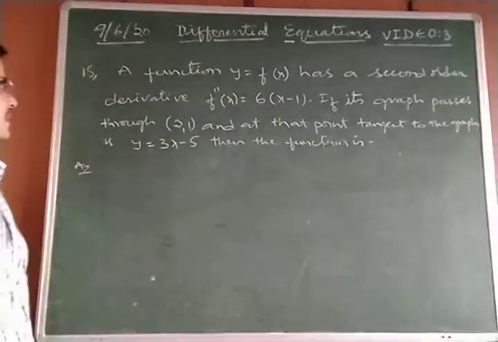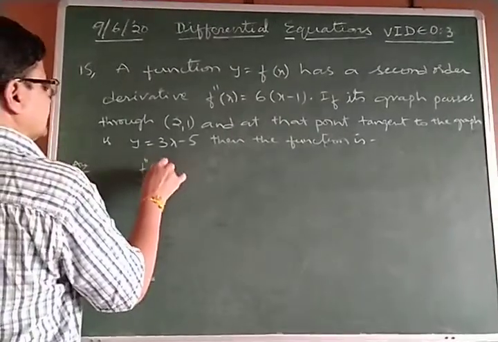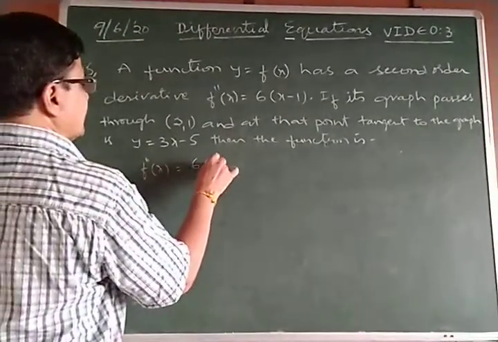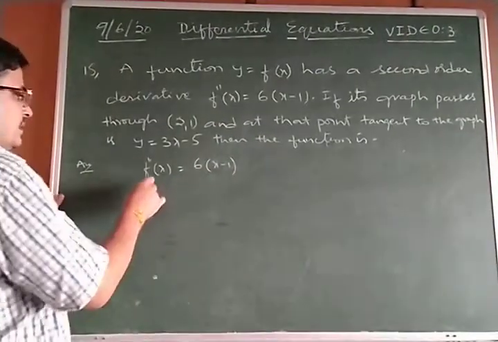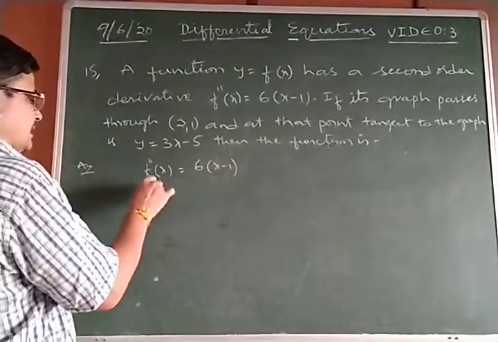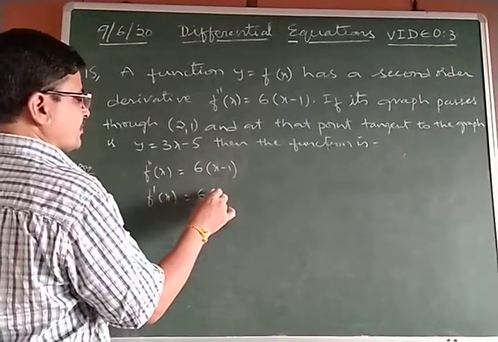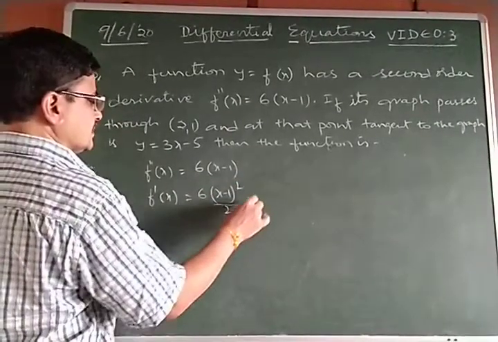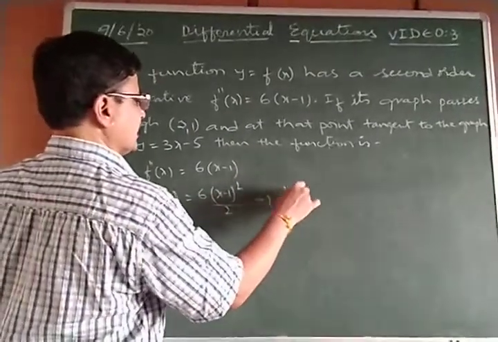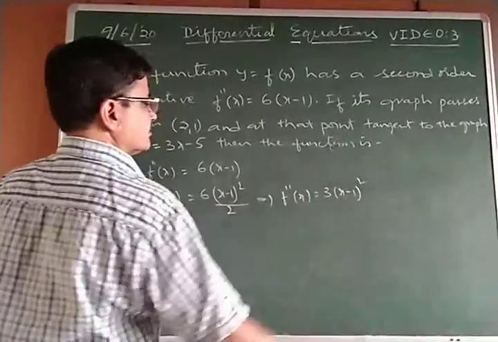So the given curve is f double dash x is equal to 6 into (x minus 1). Now applying integration on both sides, the integral of f double dash x is f dash x, that is equal to 6 into (x minus 1) whole square by 2. That implies f dash x is equal to 3 into (x minus 1) whole square plus c1.